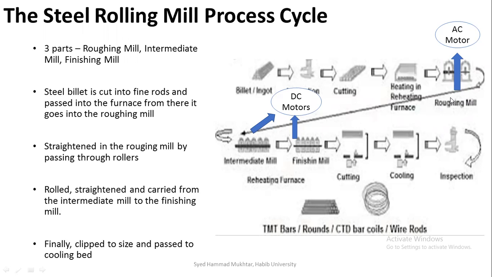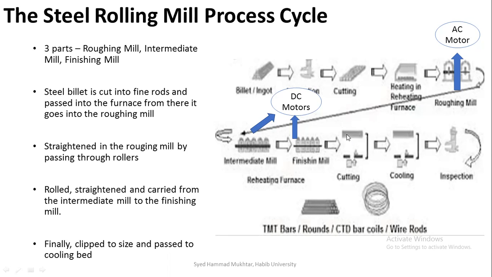From there, it is carried out from the roughing mill, passed over a conveyor belt directly into other rollers, which are operated by DC motors. Throughout this part of the production line, from the roughing mill to the intermediate mill to the finishing mill, approximately 7 to 15 DC compound motors are used to ensure that the red hot steel is carried properly throughout the rollers.